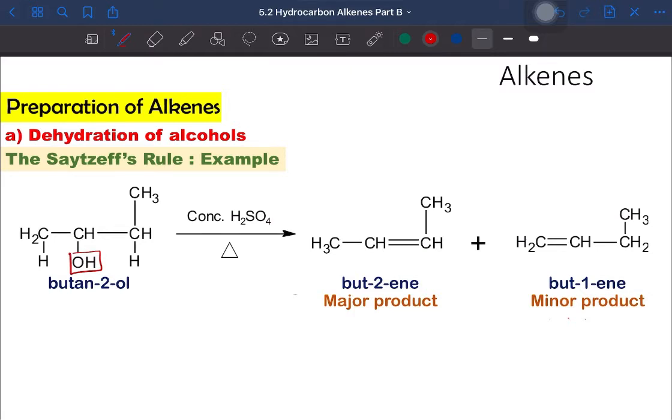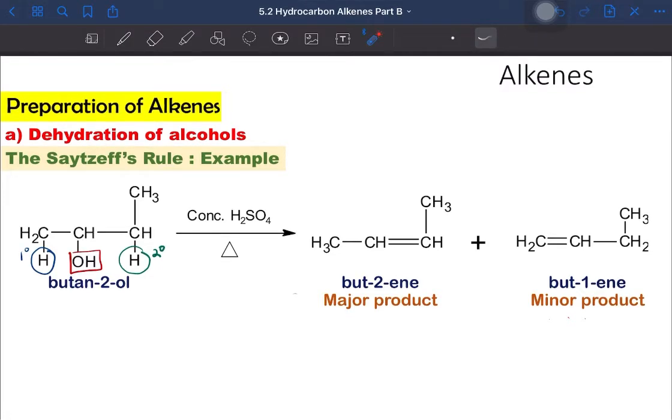So the question is which hydrogen we need to eliminate to form the double bond. We have 2 choices. The first choice is here. This hydrogen is the secondary hydrogen because it is bonded to the secondary carbon. And the second choice is this hydrogen, which is the primary hydrogen because it is bonded to the primary carbon.